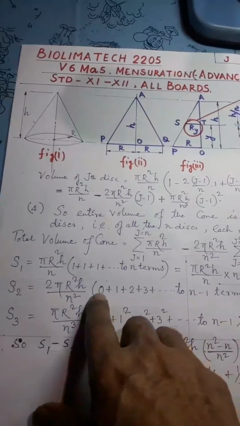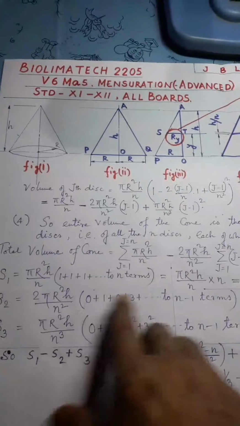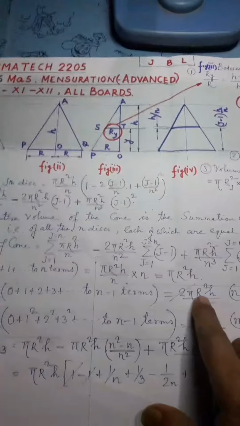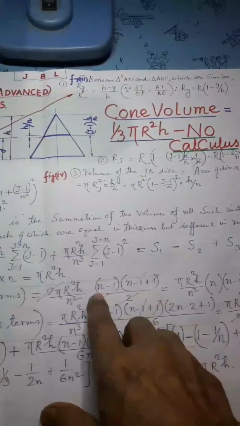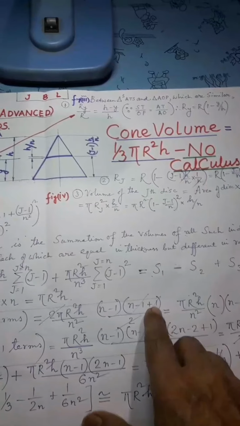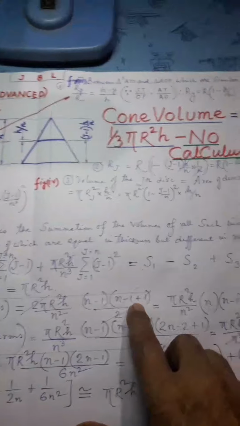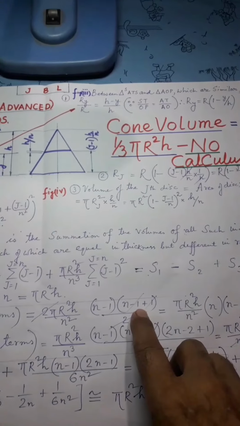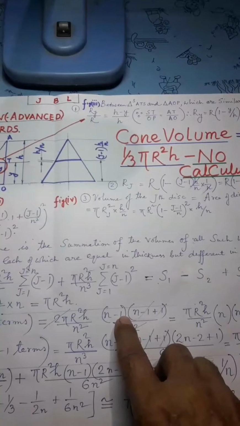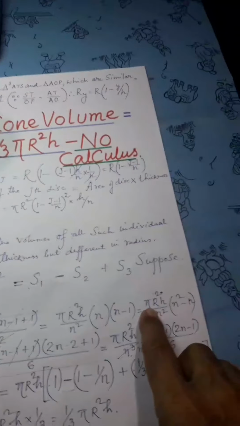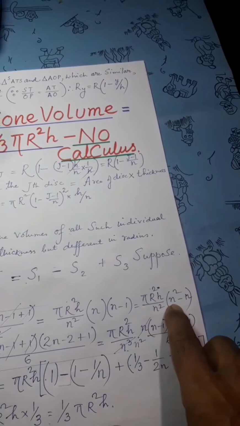Because the first term is 0, it is not up to n terms but n minus 1 terms. So summing up, using the formula n into n plus 1 by 2, that is the familiar summation formula for the first n natural numbers, only n minus 1 replacing n, we get pi r square h upon n square into n square minus n.